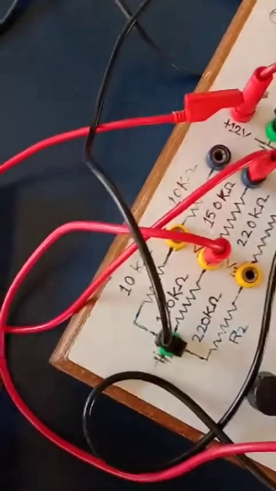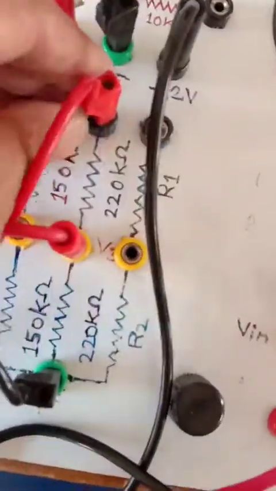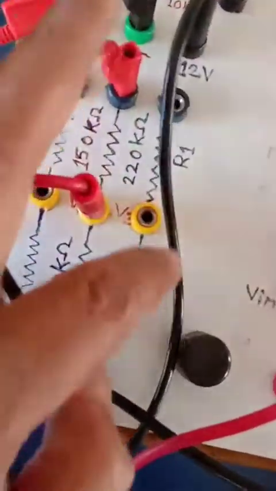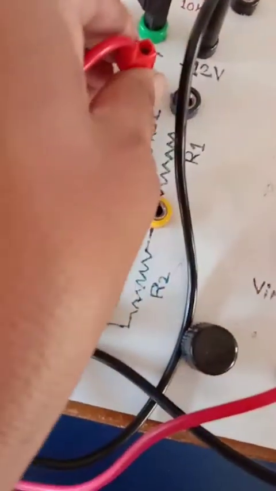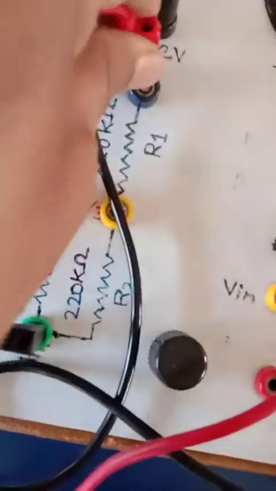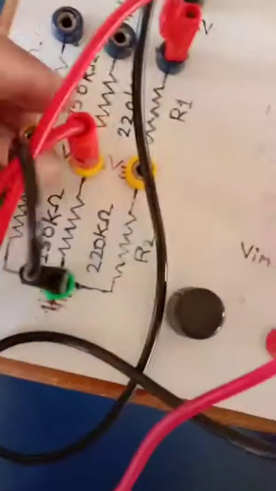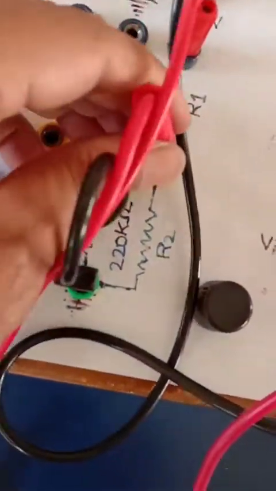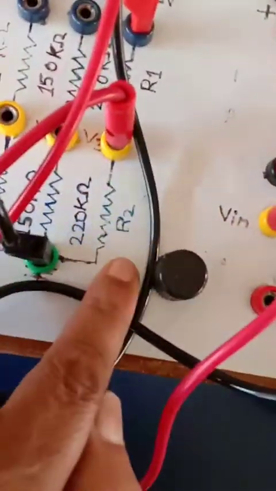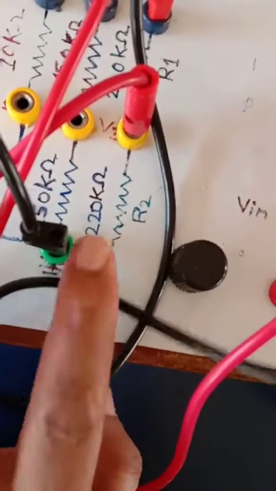Then again take the third voltage divider, connect plus 12 volt to this voltage divider and connect this wire to the voltage across R2, that is across 220k.